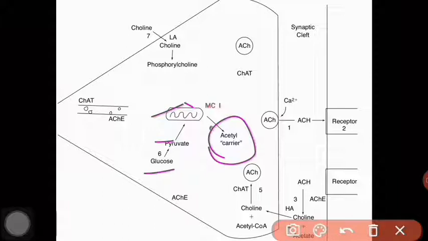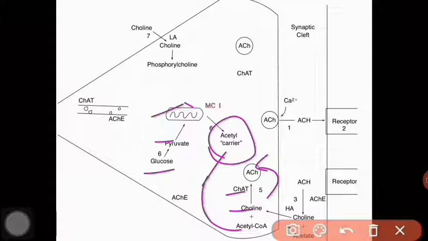Acetate is transferred to coenzyme A, and then this acetyl-CoA combines with choline to become acetylcholine in the presence of choline acetyl transferase. Hence, it is stored in the vesicles.